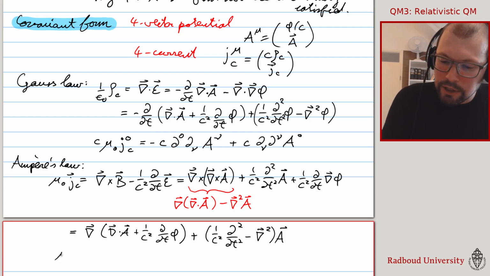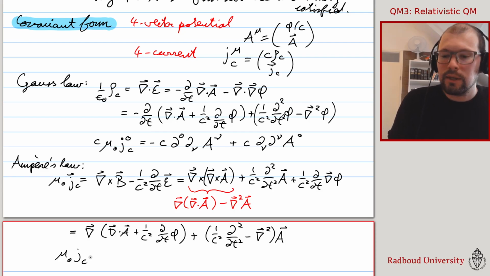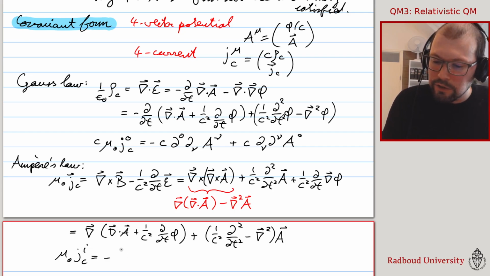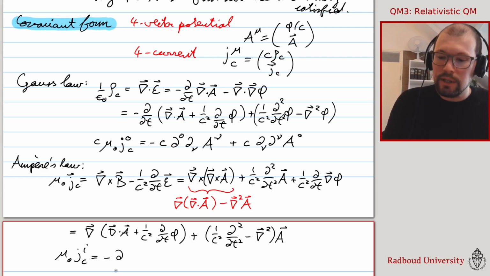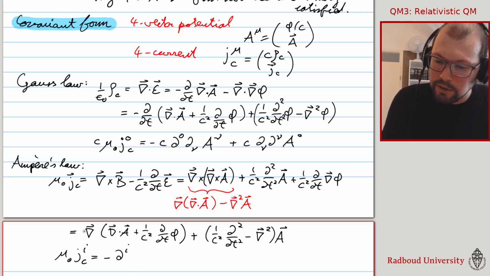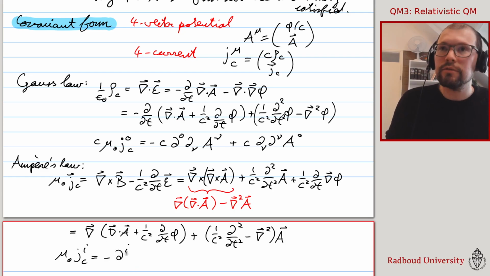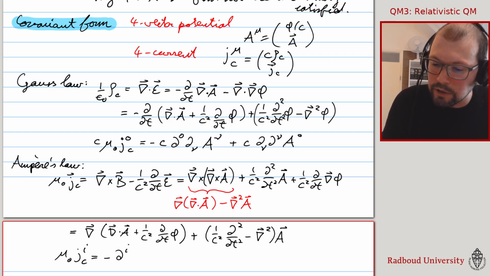So if we now write this again in index notation, this is the partial derivative with respect to the ith component.